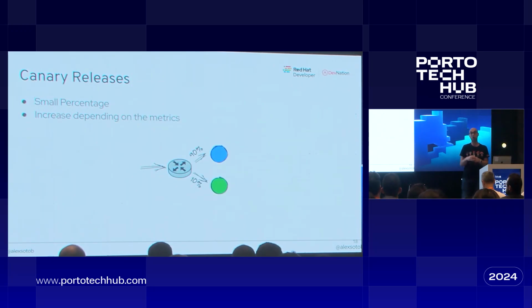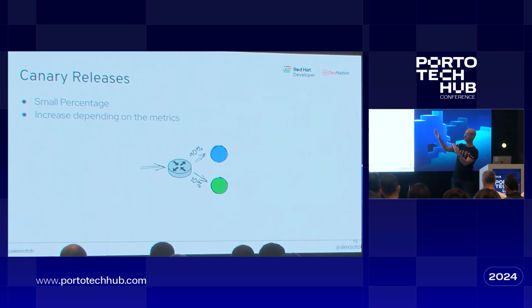So we created the canary release concept, which is more or less the same, but instead of sending all the traffic to the blue or all the traffic to the green, you start sending a percentage of traffic, right? So maybe you send 90% of the traffic to the old version, 10% of the traffic to the new version, to the green one. And here is what I mentioned before, that it's super important to have good metrics.